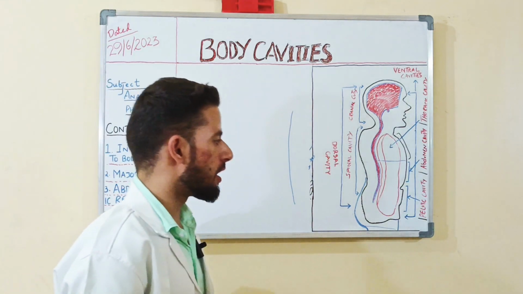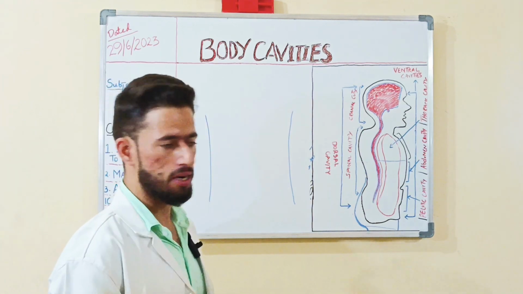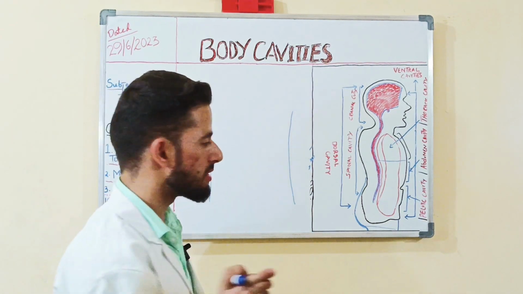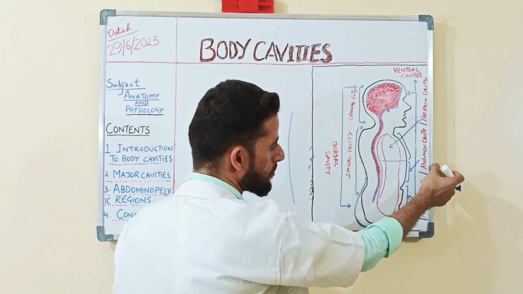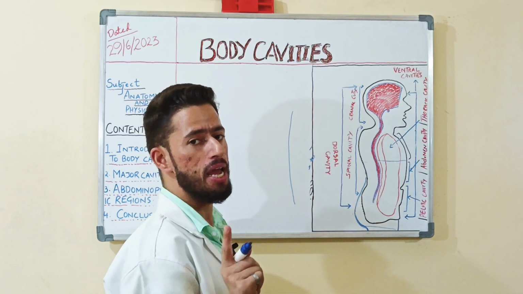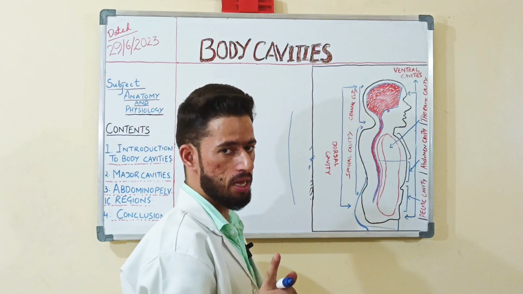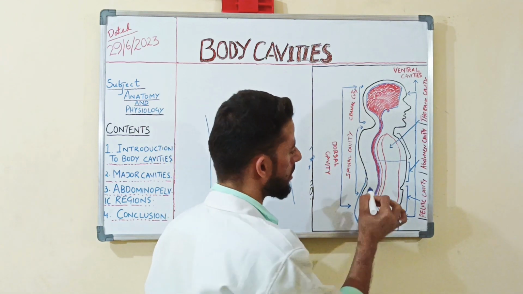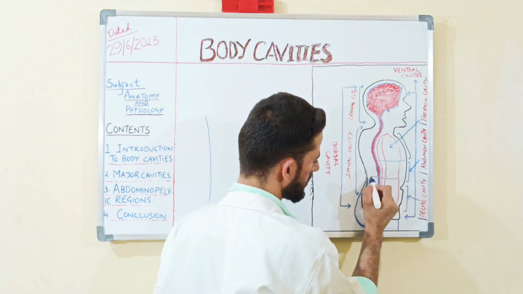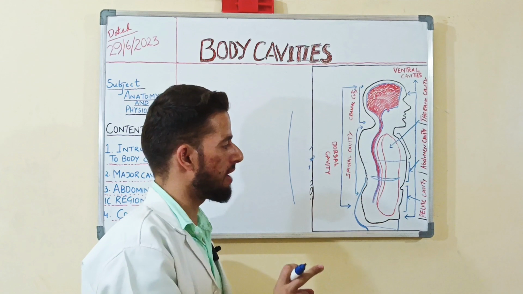What regions this cavity consists of is known as the abdominopelvic regions, understanding. There are mainly 9 regions, and one of the most important things I am going to tell you is that the pelvic cavity and the abdominal cavity are separated by one dome shaped organ, known as the diaphragm. The diaphragm helps in respiration. It is located below the lungs, with the lungs above it, and it separates the pelvic cavity from the abdominal cavity.